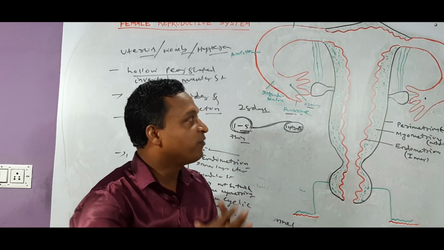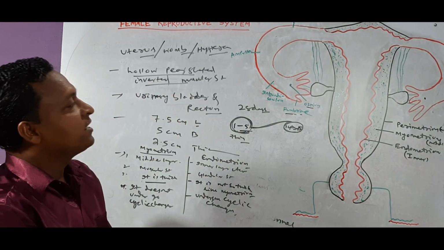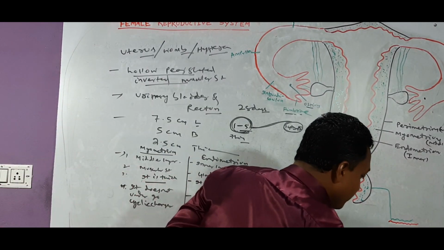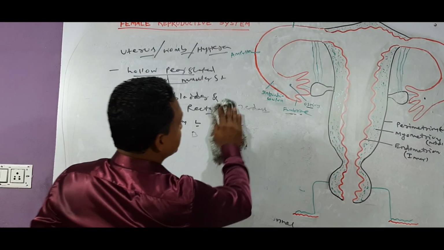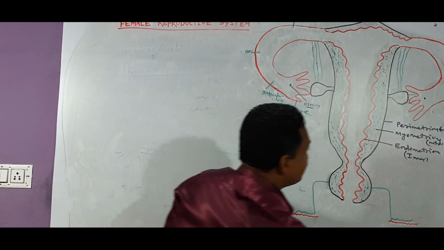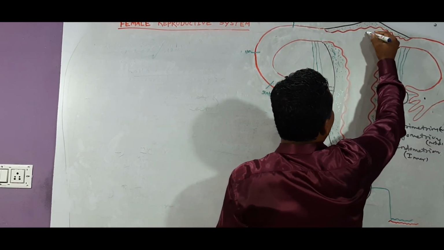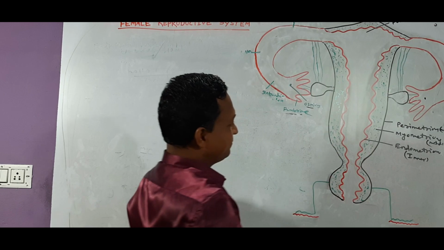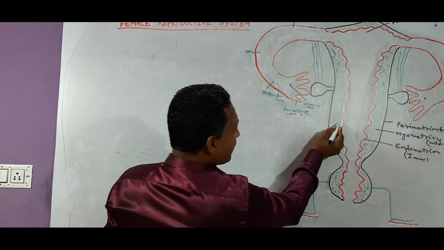Clear? In the next part, the uterus is again divisible into how many parts? 3 parts. The first part, the uppermost part, we can call the fundus.